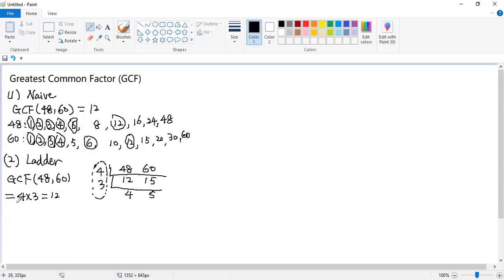Let's look at another example. Let's find the GCF of 36, 54, and 72. Again, we write them on a row.